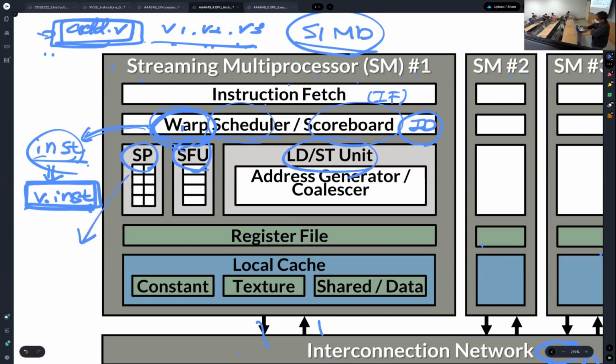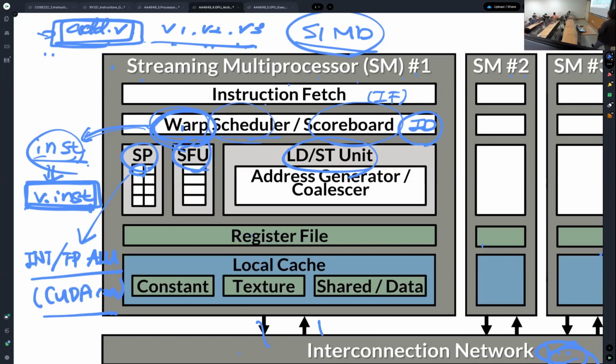Actually, SP is the integer and floating point ALU. And this is the CUDA core by NVIDIA.